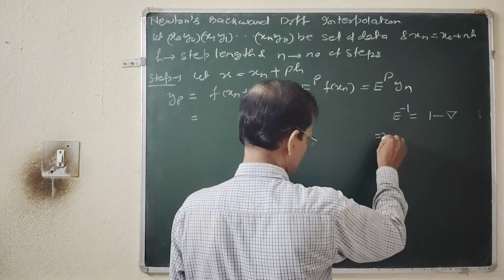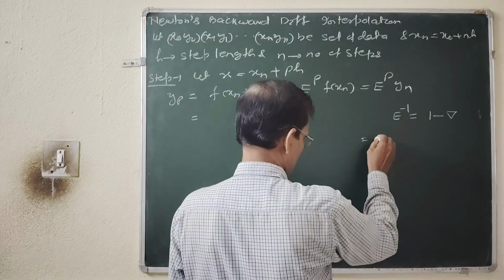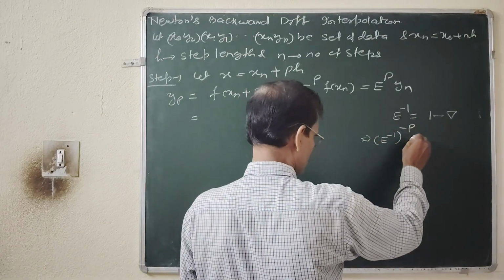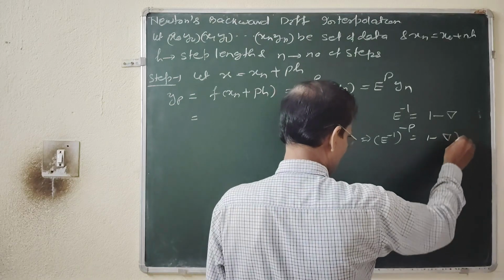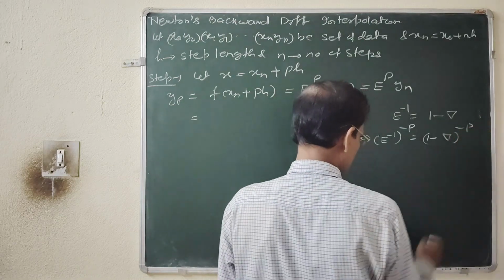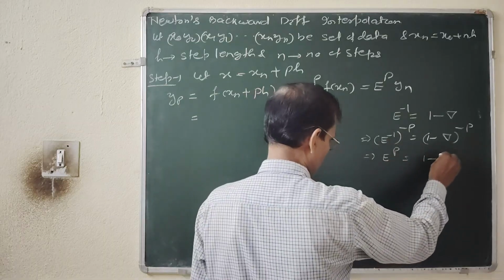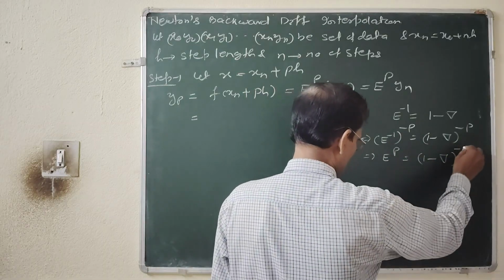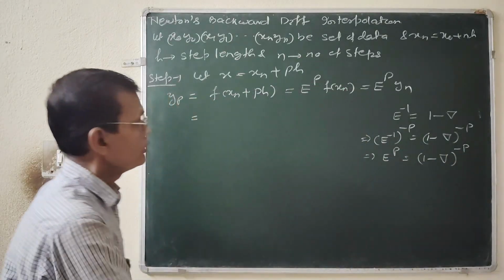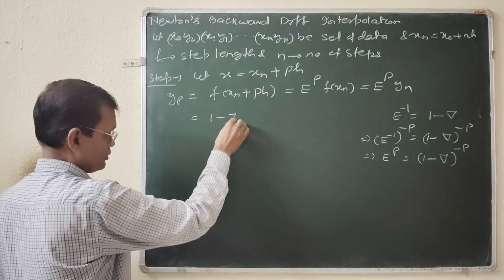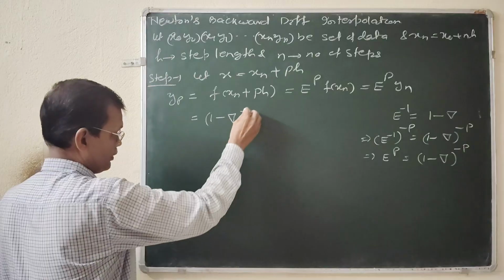So you can write it as e to the power minus 1, to the power minus p, is equal to 1 minus backward delta to the power minus p. That gives e to the power p is equal to 1 minus backward delta to the power minus p.